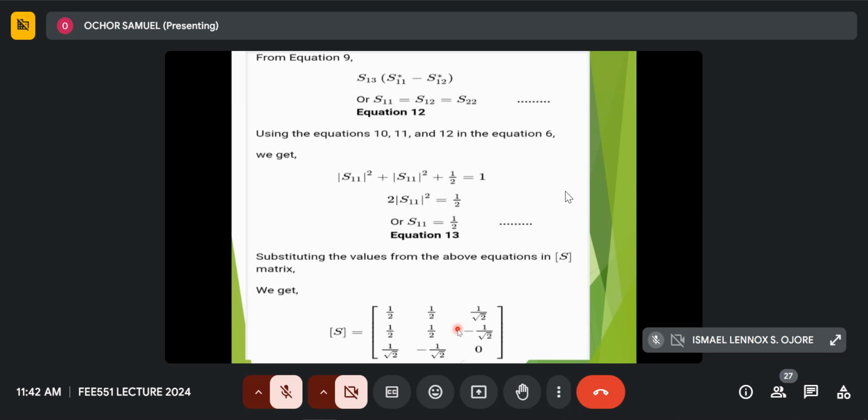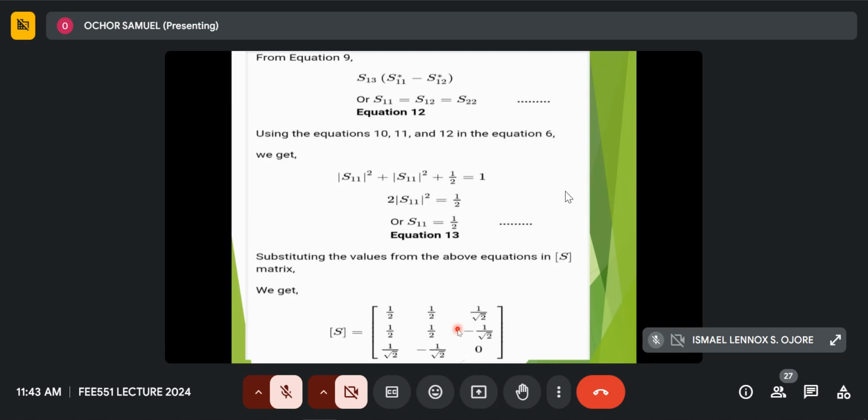You are going to get S11 squared as a half, because S11 from the previous was 1 over root 2, and when you square that it is a half. S12 is equal to S11, which is also 1 over root 2, so again you get a half. Because we have seen that those elements are related, we can write one as the other from the equations we have done.